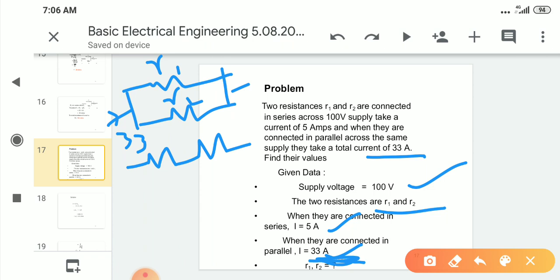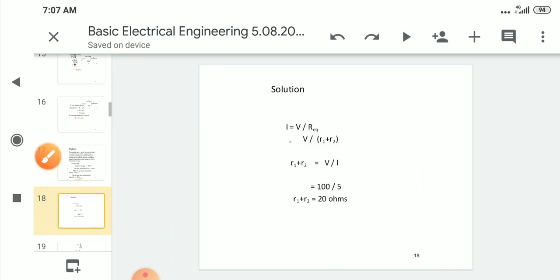When these two are in series, then its current is 5. Depending upon the values, the current values change. The supply voltage across this is 100 volts. So what is the value of R1 and R2? This is the question they have given. Okay, we have to solve this.